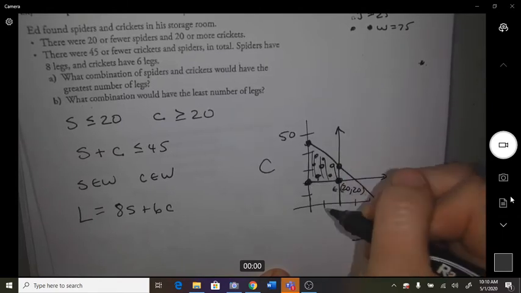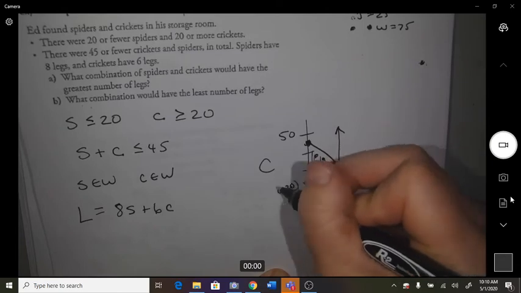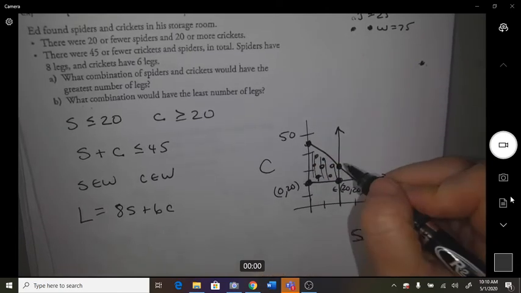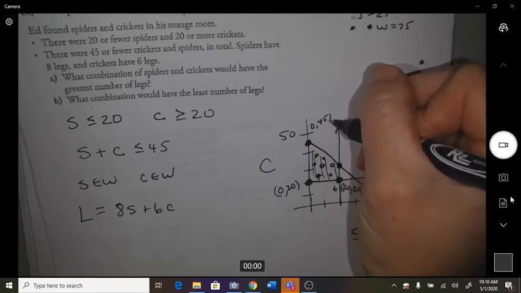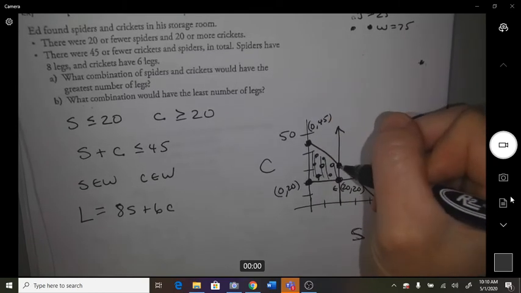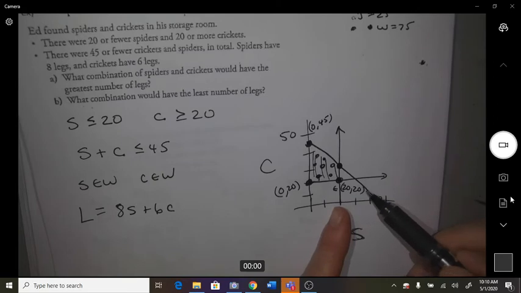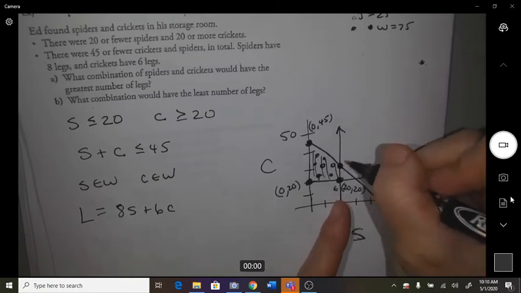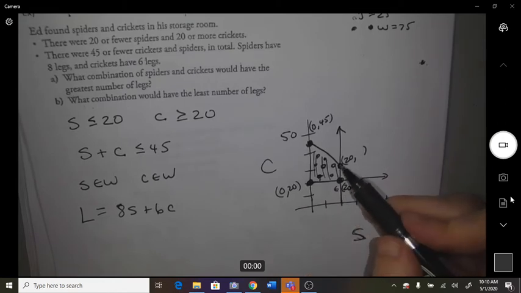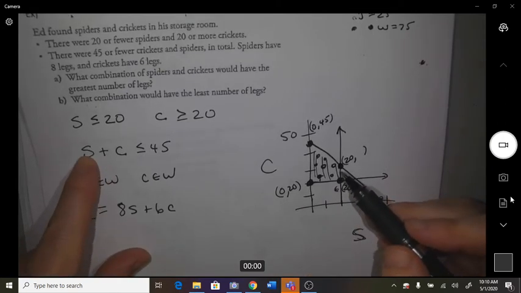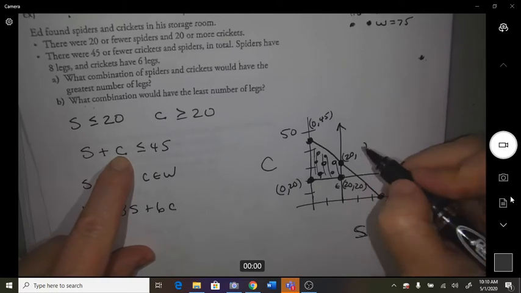This one would be 0 spiders, 20 crickets. This one up here would be 0, 45. And this one here would be the intersection of this line and this line. I do know that there's 20 spiders on that line. So if there's 20 spiders, there's 25 crickets.